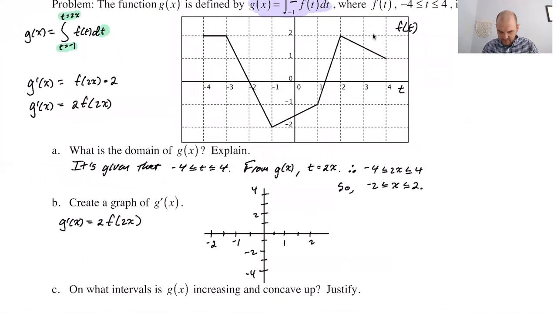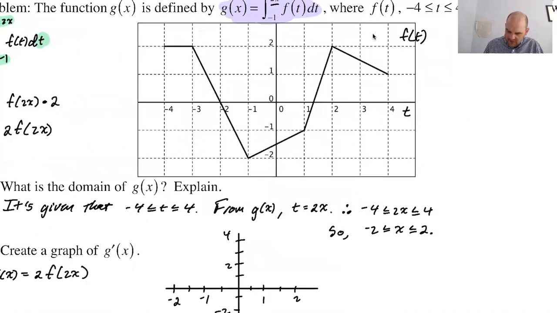All right. So what's the easiest thing to do here? I think the easiest thing to do is to look at the key points that are on the graph of f, and we'll transform those so that they will be on the graph of g prime. I mean, we just want to connect lines or dots.